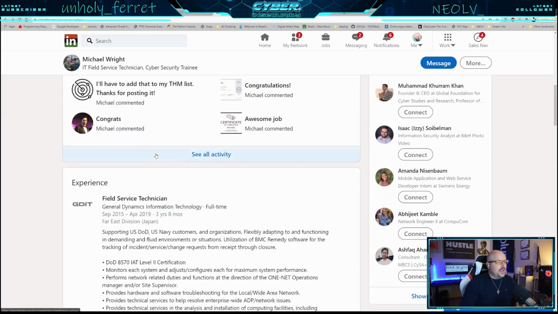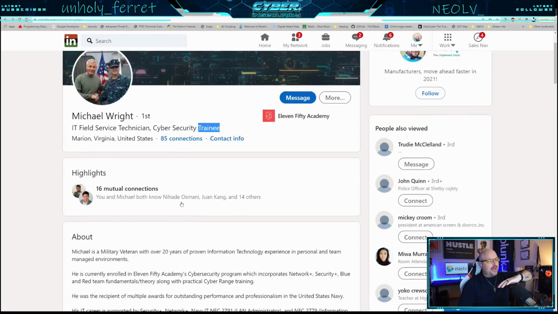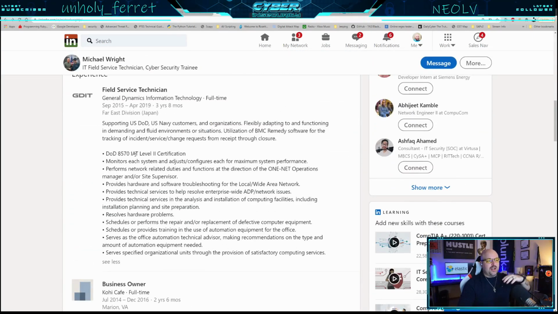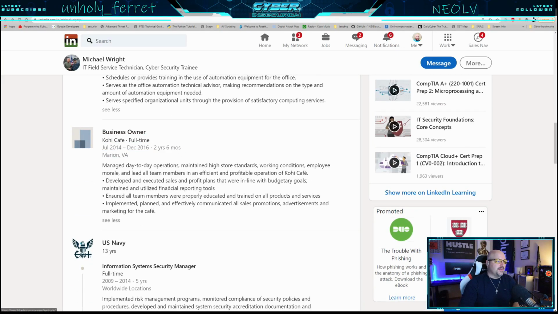When I look at below the fold on you, Michael, and I look at above the fold, it doesn't impress me, but I get down here and I'm super impressed with your below the fold. You need to make your above the fold reflect all this awesome stuff down here. But this looks good. This is what I'm talking about with your experience section.